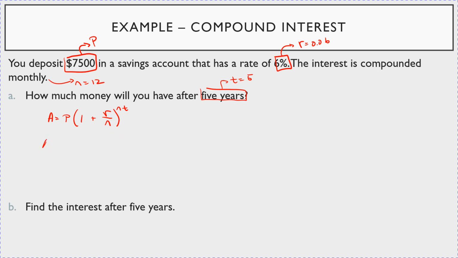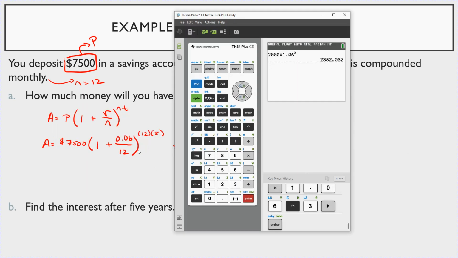So A is equal to the principal, which is 7,500, times 1 plus the rate, which is 0.06, divided by 12 since it's compounded monthly, all raised to the power of n times t, so 12 times 5. If it helps you to clean this up, go ahead and clean this up.